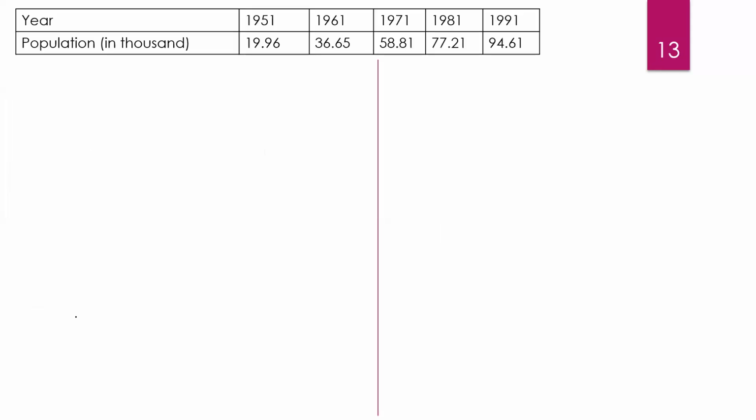We have a problem where the year is given and the corresponding population in thousands. The question is to find the rate of growth of the population in the year 1981.